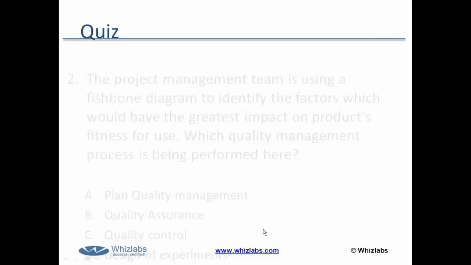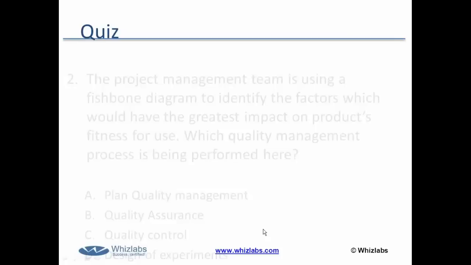Here it is saying which quality management process. First of all, design of experiment, D, is totally incorrect because it is not a process. We have only three processes: plan quality management, quality assurance, and control quality. So D is absolutely incorrect. And here the question says the project management team is using a fishbone diagram to identify the factors which would have the greatest impact on the product's fitness for use. So you are identifying.